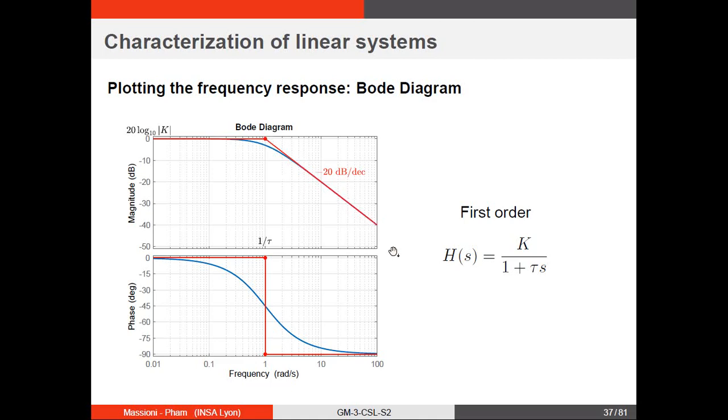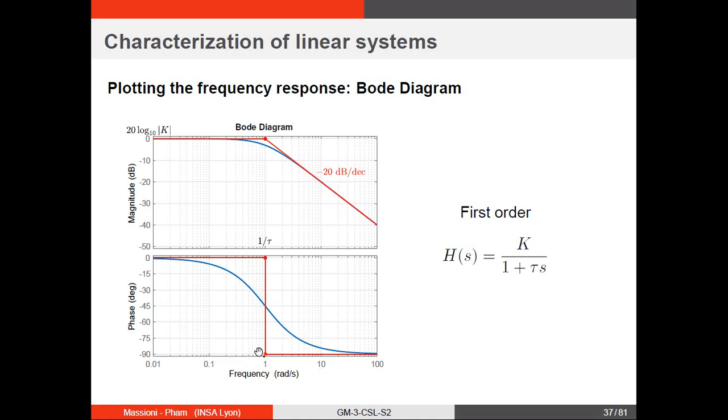and then starts to slope down at a precise negative slope. So to understand what this means, let's look at the scale over here. The angular frequency is written in logarithmic scale, so each equal space corresponds to an order of magnitude. We call a decade the distance between one value and 10 times the same value.